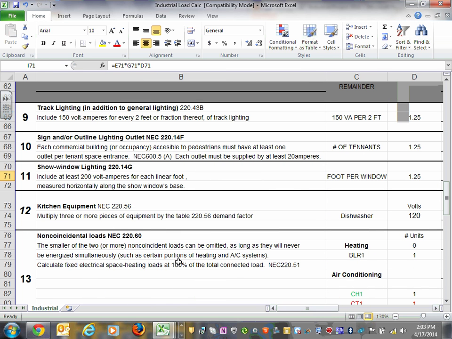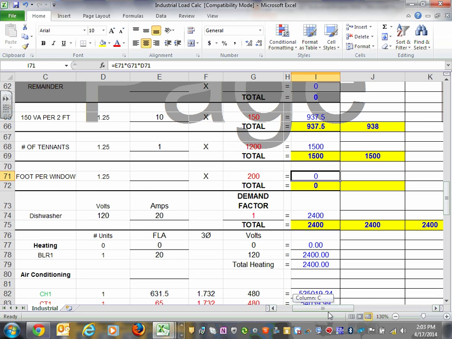Right underneath it, we have kitchen equipment, 220.56. That's for commercial kitchen equipment. If you have any in that building, you can also allocate for it. I have a dishwasher, I put it there, it's peanuts. I'm allocating a dedicated circuit for a dishwasher, and I'm throwing in 24 volt-amps for it.